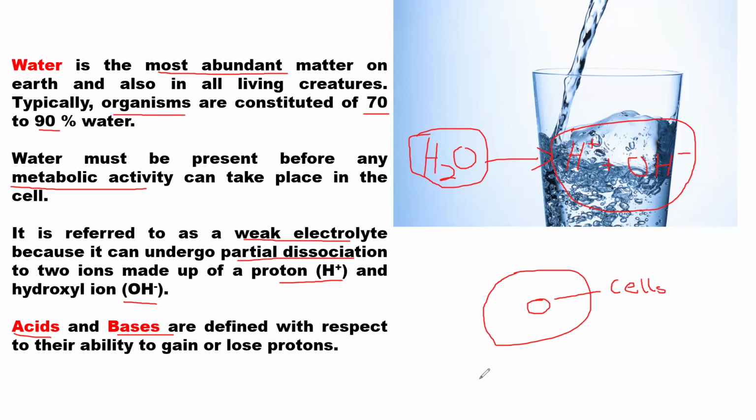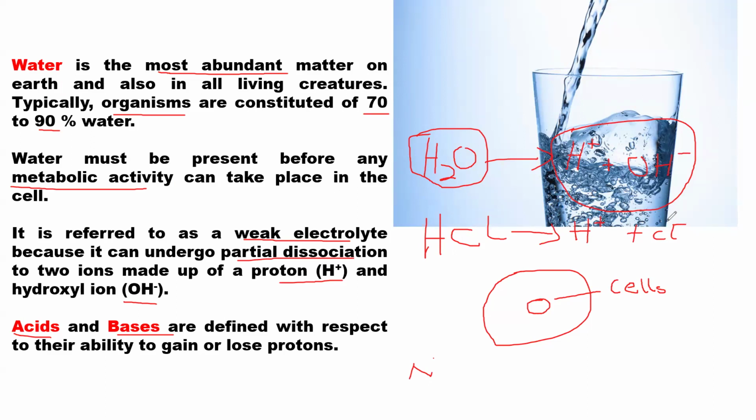So whenever you have a substance like, for example, HCl, it usually dissociates in water to produce hydrogen ion plus the conjugate base. So that is an acid.